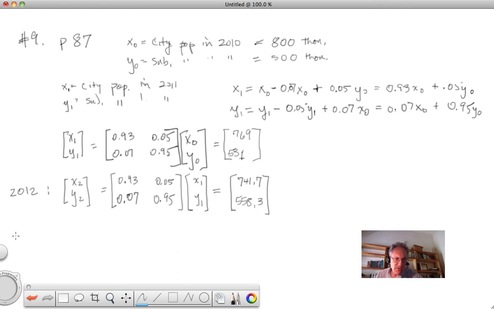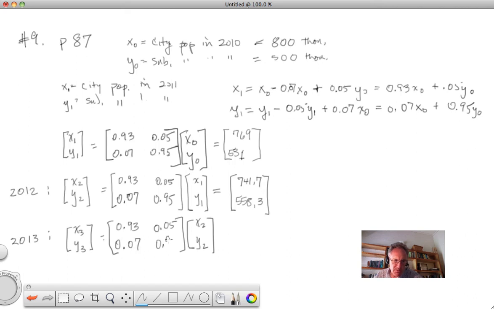You could actually continue this process indefinitely. For 2013, you would calculate the same thing, x3, y3, which is the matrix times x2, y2. The matrix involved will be the same one as previously. The fractions are assumed not to change from year to year. That may or may not be an accurate assumption in the real world, but for the purpose of this illustration, we're going to make it.